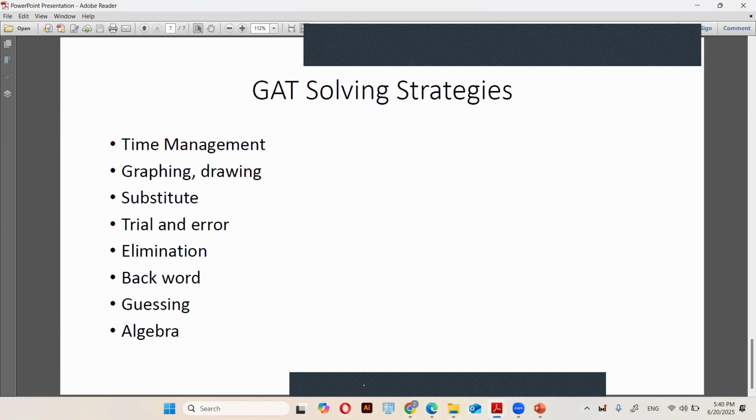Now I just want to remind you of the GAT strategies. Remember that you have to do time management. Some questions need less than 30 seconds, so please solve them very fast. It will help you a lot. Graphing, drawing, substituting numbers, we are going to do everything in this course, and elimination, backward. Don't leave any question. You have to guess.